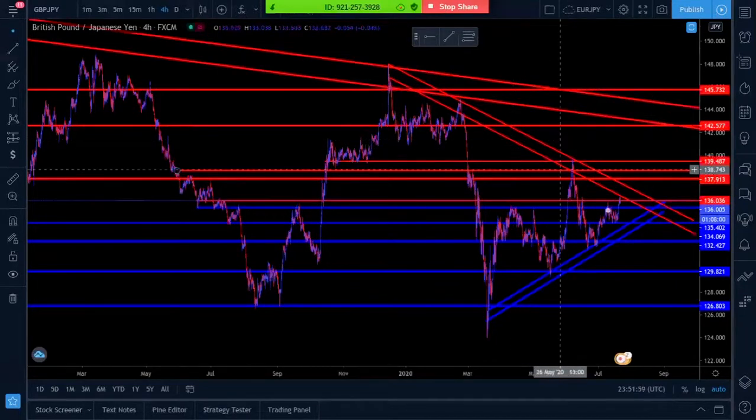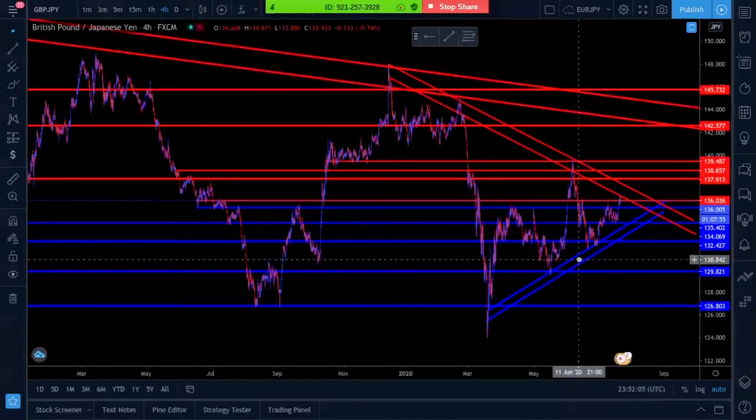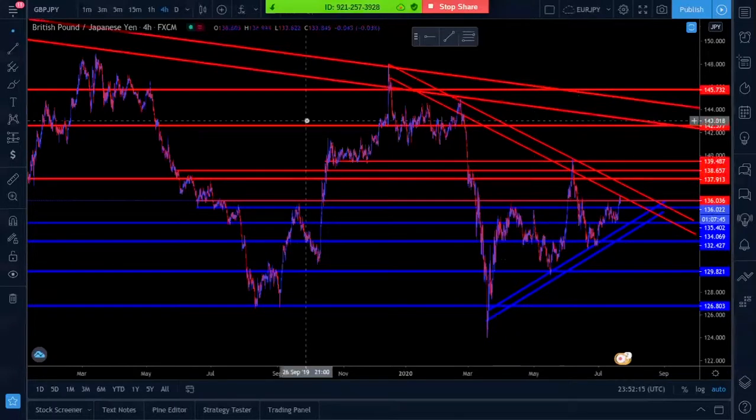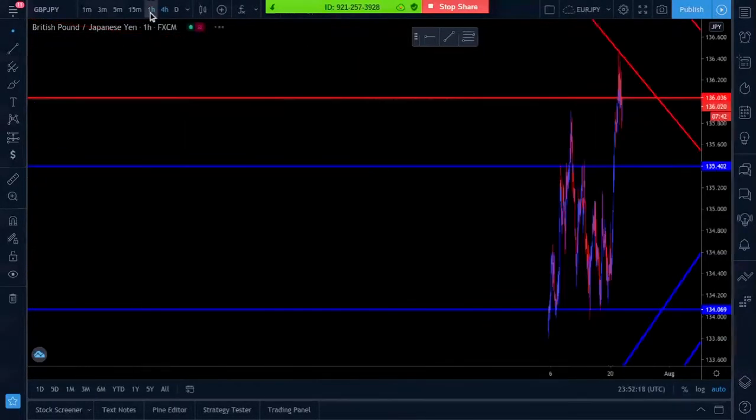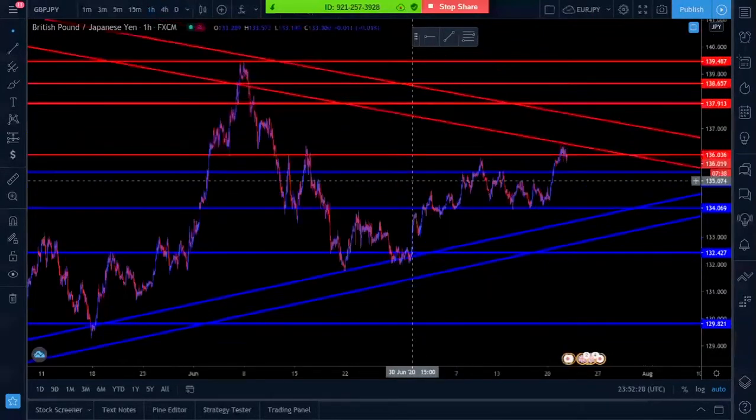I can't call them vertical because they're not all the way vertical, but you guys know what I mean. It does get confusing if you're barely starting, but like I said, the more you practice, the more you understand, and once you go down to the 1 hour, the 15 minutes, 5 minute, you're not going to see this many lines, especially if you're zooming in, and that's where you're trying to focus. Where am I going to put my buys? Where am I going to put my sells?